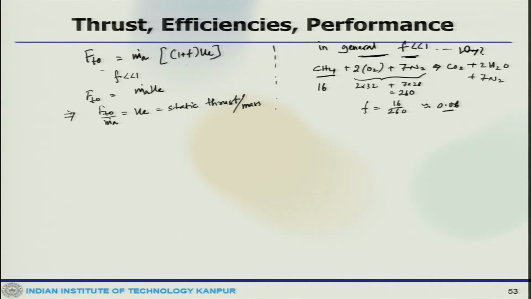Now, this static thrust per unit mass is directly proportional to the exit or exhaust velocity.